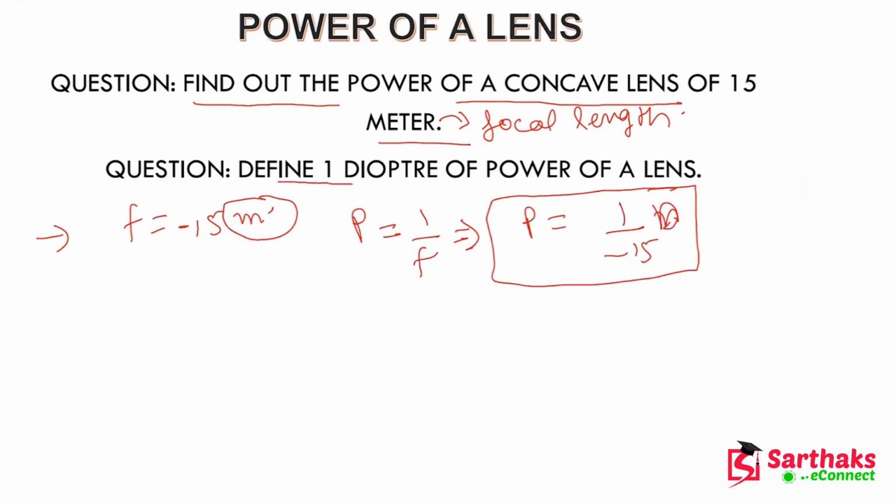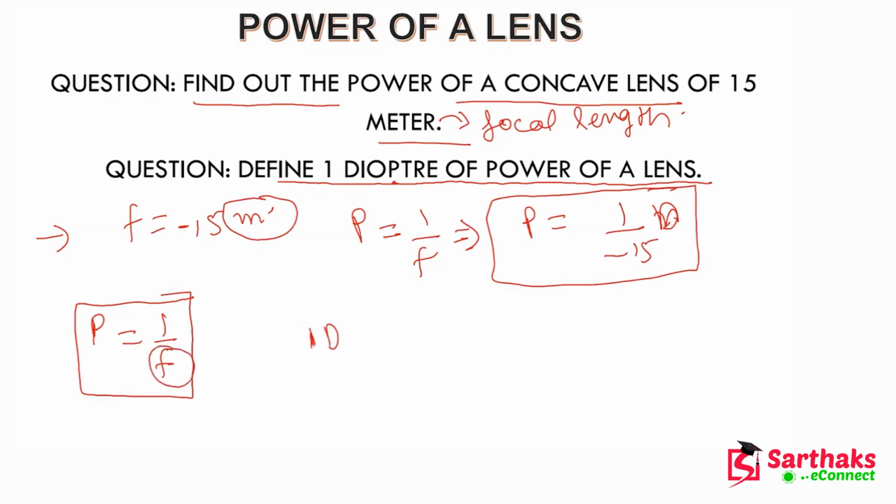Now let's talk about defining 1 diopter of power of a lens. Basically we know that the formula to calculate power is 1 upon F. Now we have been given the power as 1 diopter. So you tell me, when will the power be 1 diopter? When the focal length is 1. So what can we say?